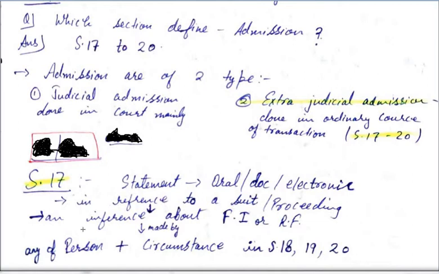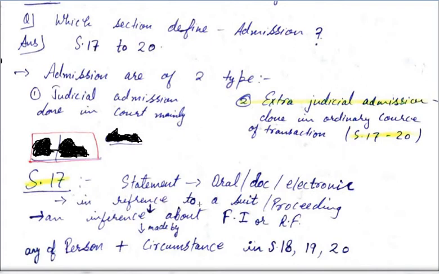Means if you see the statement in isolation, that cannot be an admission. A statement, in order to be an admission, always has to be in reference to a suit or proceeding. And it is not necessary that the suit or proceeding is pending at the time when you gave the statement. The suit or proceeding may be filed later on.